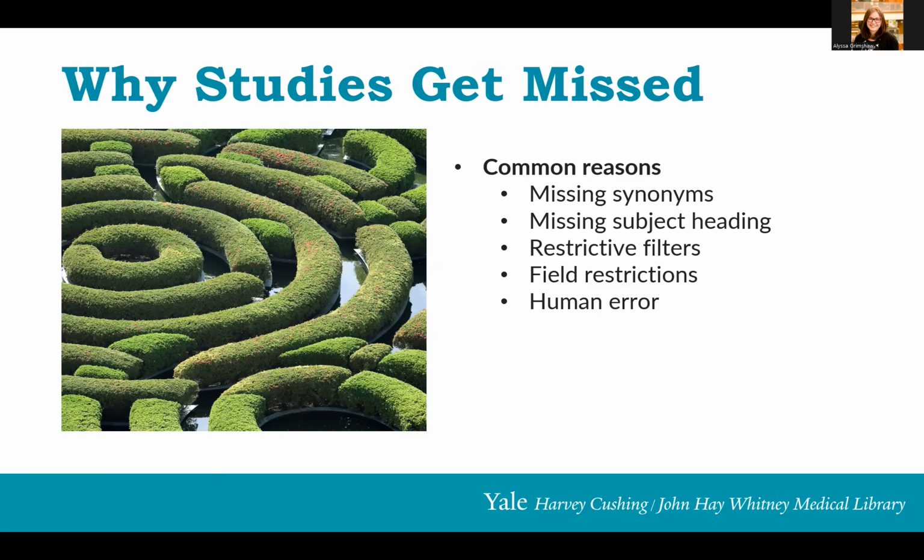It might also be field restrictions. So maybe you're only searching the title field, which again would not be exhaustive enough for systematic review. And the person described the pseudonym or the terms that you included in their abstract, but you're not searching that field. So it's not being pulled in. Also human error. So there could be a spacing problem or a spelling error in your search. This isn't just human error on the person searching. This also might be human error on the person that wrote the abstract.